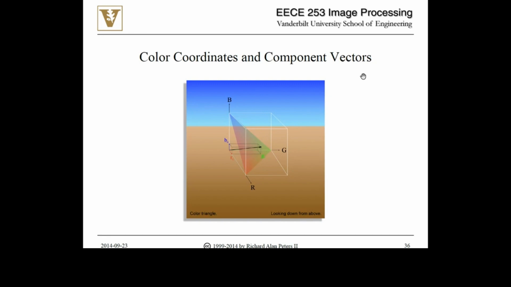Then those are the coordinates in the RGB code. Then this is the gray line that goes along the direction 1, 1, 1, from 0, 0, 0 to 255, 255, 255, and it is full of gray colors. So all the colors along that line are gray.